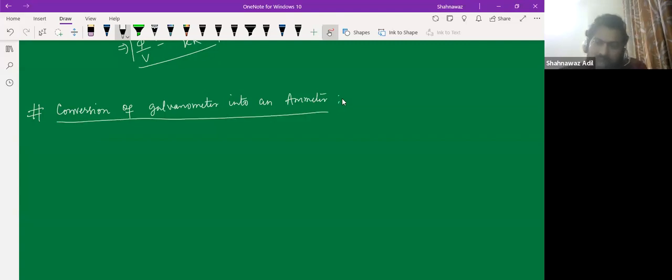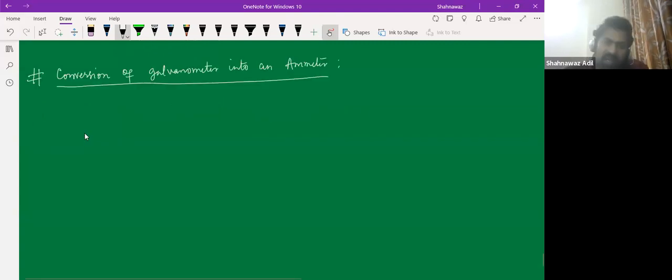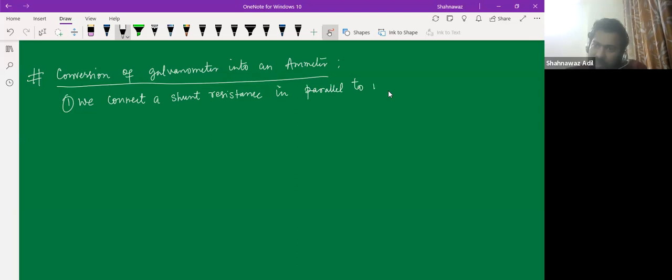So how do we do that? The idea is that we connect a shunt resistor in parallel to make an ammeter.